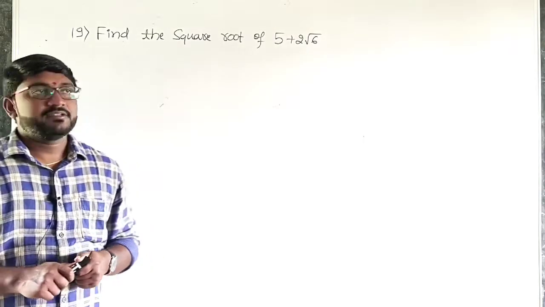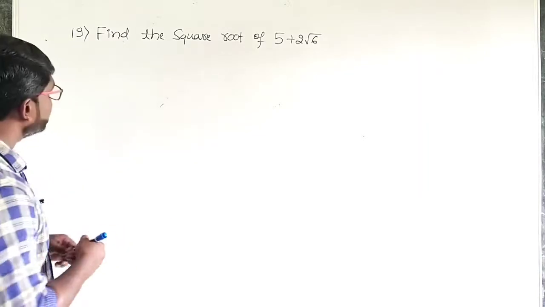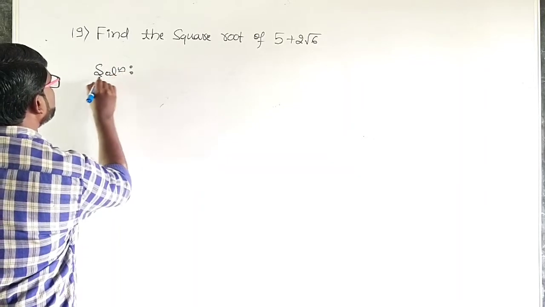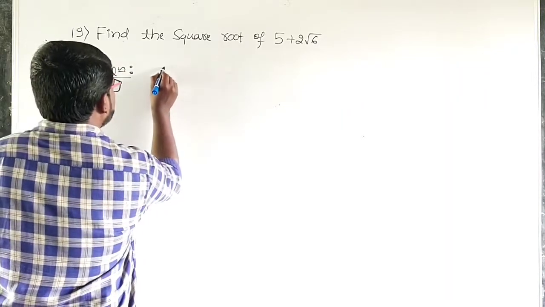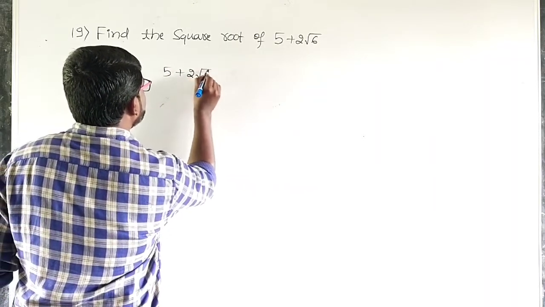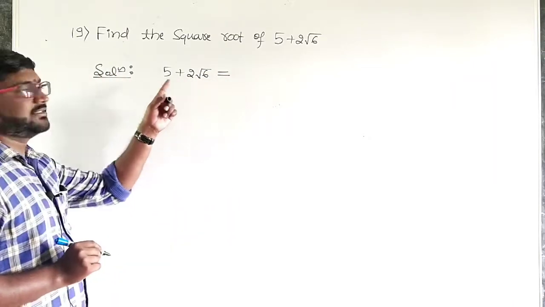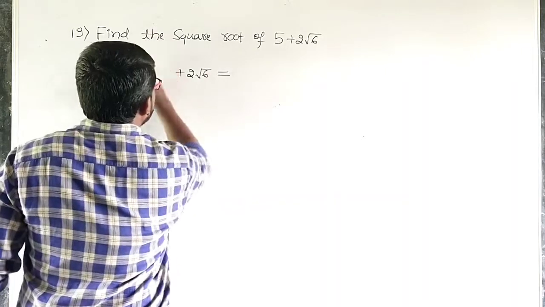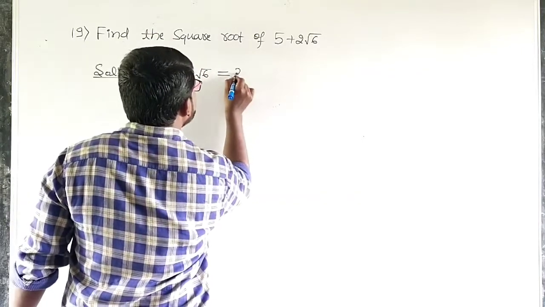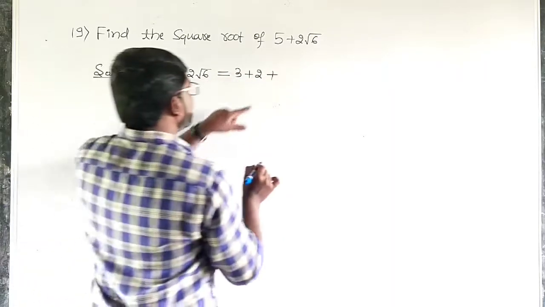Well, the 19th question it is: find the square root of 5 plus 2 times root 6. So let us go ahead with the solution. Now I write 5 plus 2 times root 6 as it is. Here 5 can be written as 3 plus 2, and I write the other term as it is.